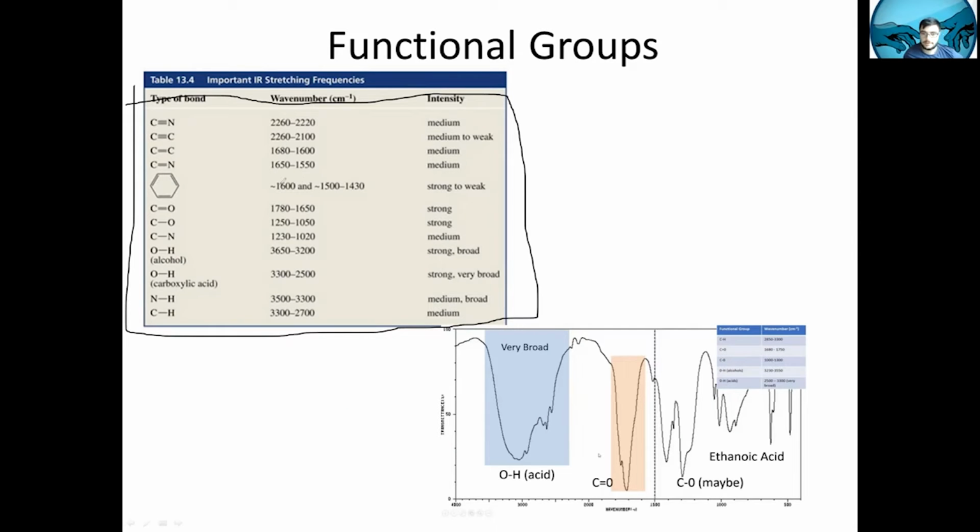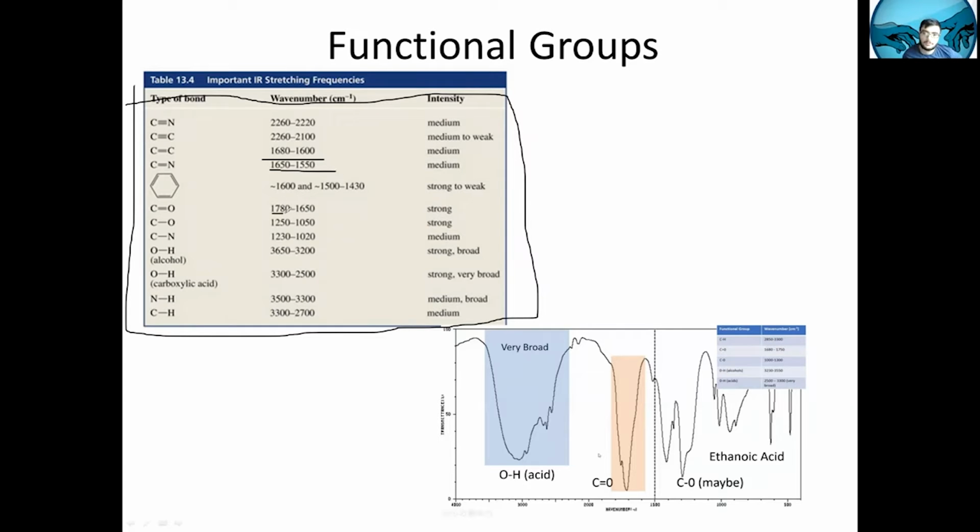So a benzene ring will have a wave number of about 1600 and 1500. C triple bond N will have 2200. C triple bond C, it's basically the same thing, 2200. C double bond C will be less, about 1650. Same thing with C double bond N.